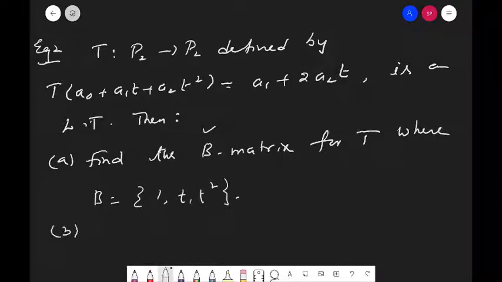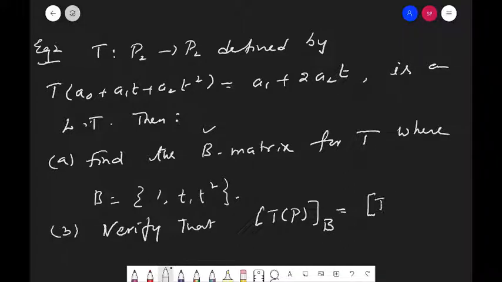And the second part is to verify that the coordinate vector of T of p with respect to basis B is equal to the matrix of linear transformation of T with respect to B times the coordinate vector of p with respect to the basis B.